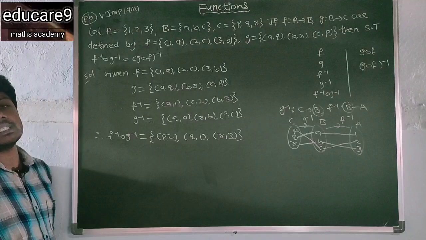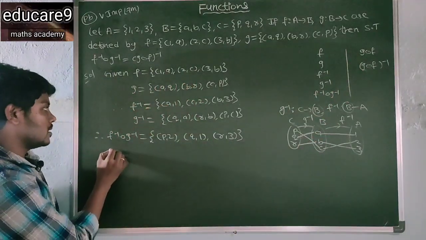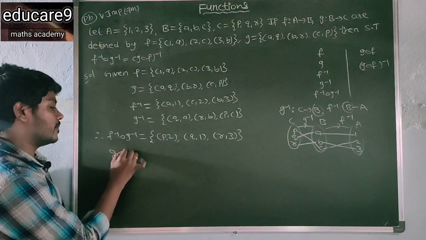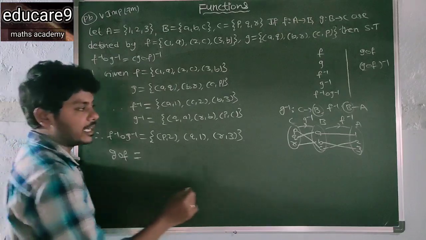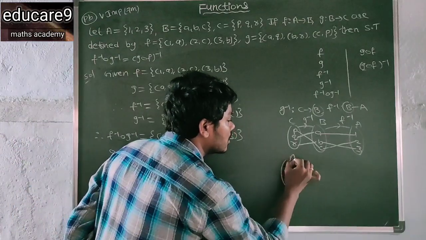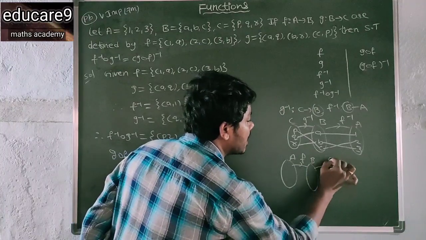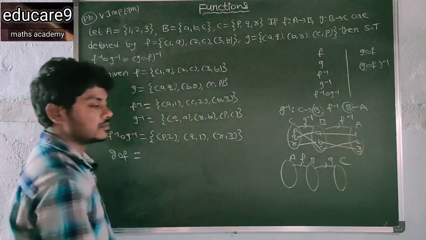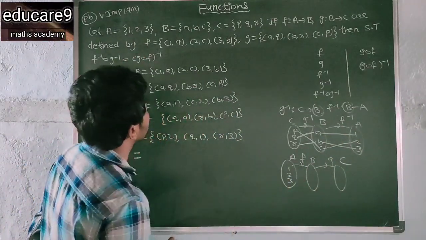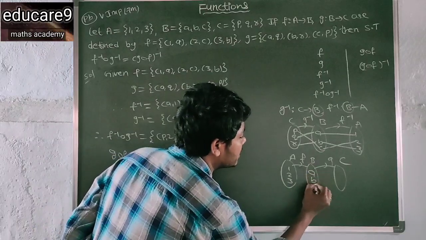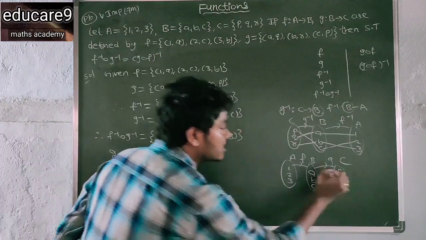Next you want to write the G circle F mapping. Okay. So G circle F. So how to write the G circle F mapping? First write the F mapping, that is A to B. And write the G mapping, that is B to C. So clearly in A, 1, 2, 3 are the elements, and in B, A, B, C are the elements, and in C, P, Q, R are the elements.